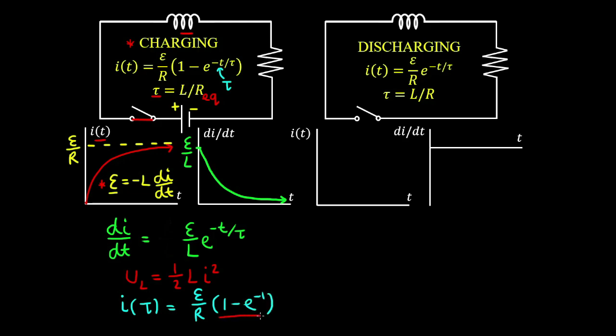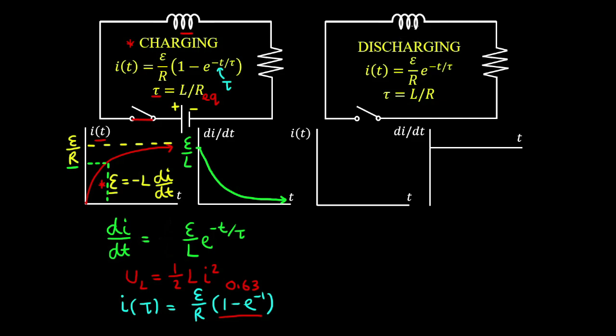So therefore this expression evaluates as 0.63. So the time constant in this case represents the time required for the current in the inductor to reach approximately 63% of its final asymptotic value.